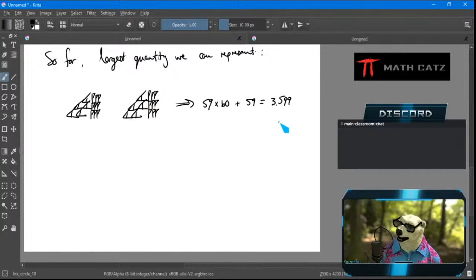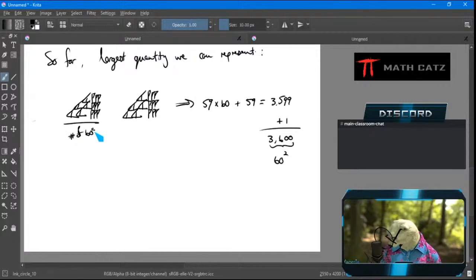If I now add 1 here, what do I get? I get 3,600. 3,600 is 60 squared. So I'm going to just need a new place. This place was the number of 60s. This place was the number of ones.